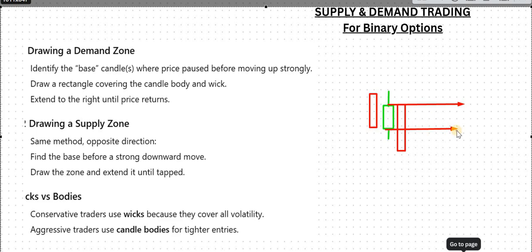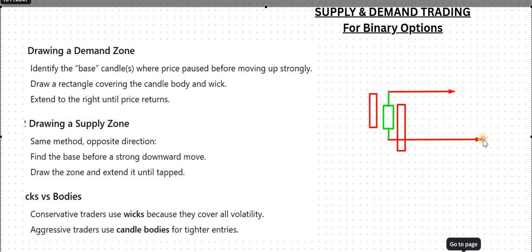It matters what you've experienced when you draw it. Price can react from here, it can also react from here. But personally, if you would want me to advise, I will say you just go using the wicks. Be conservative. You use here alone and here.